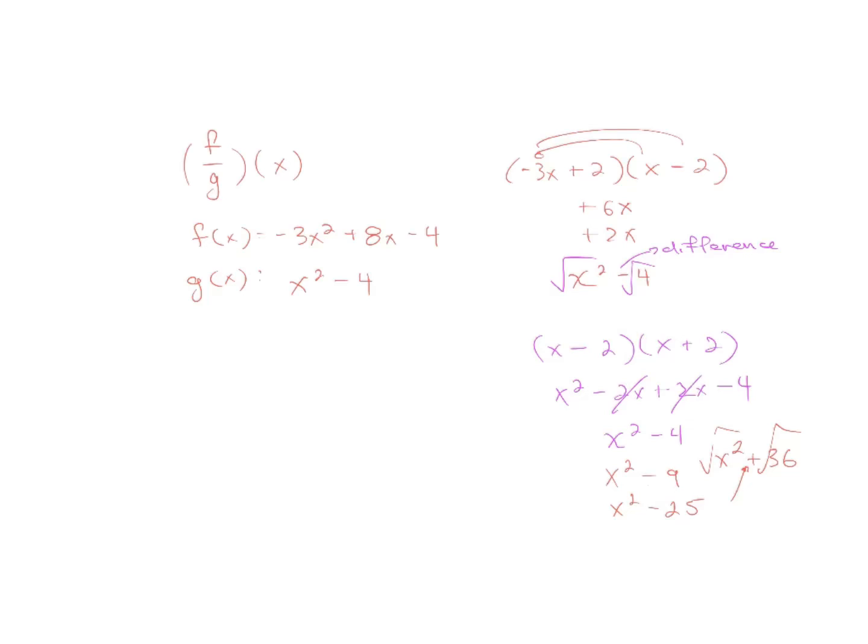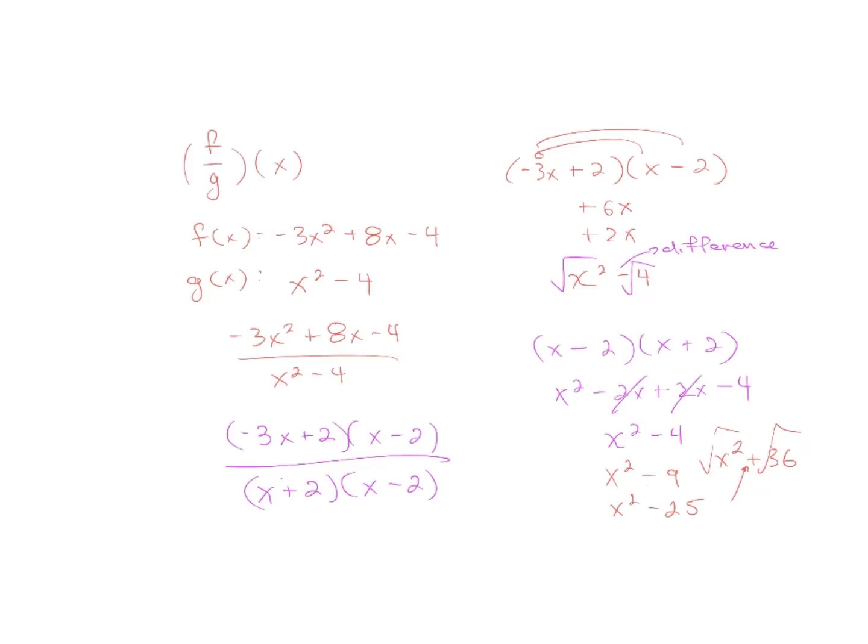Now we go to our division, and we have the negative 3x squared plus 8x minus 4, and then there's the x squared minus 4. Like we showed you in the beginning, where that came from was the negative 3x plus 2 and the x minus 2, and here we have the x plus 2, x minus 2.